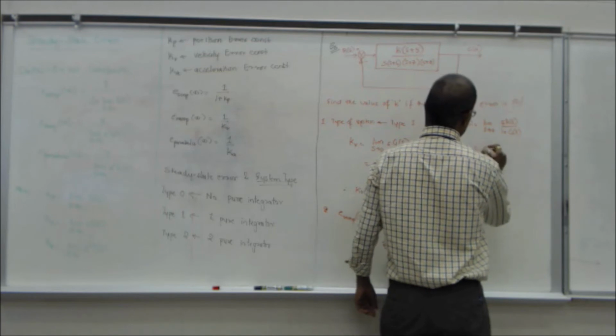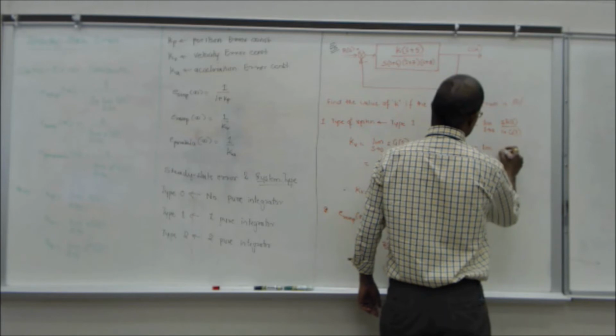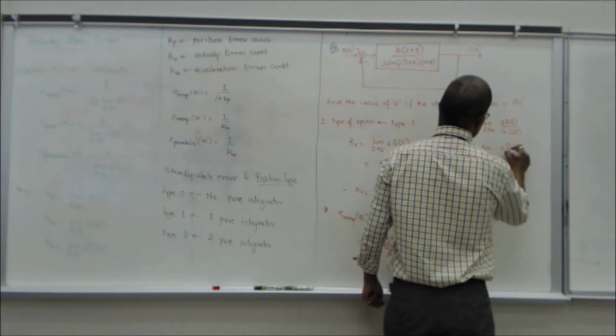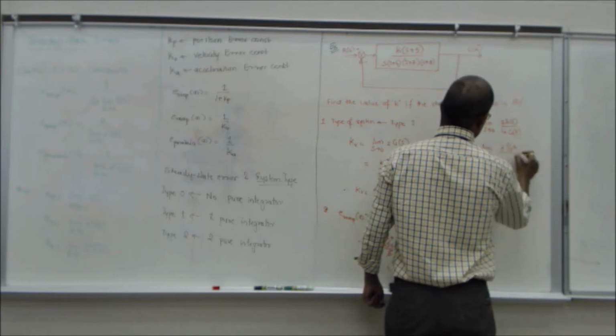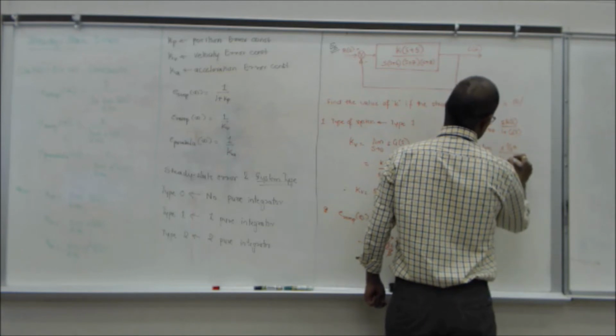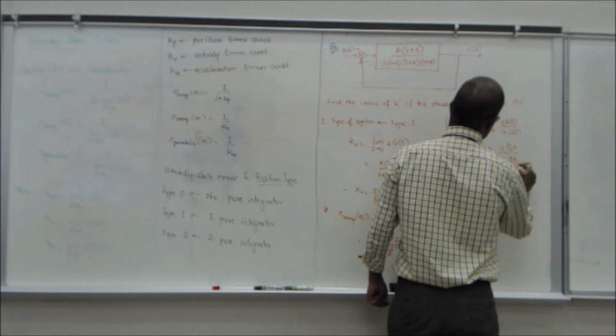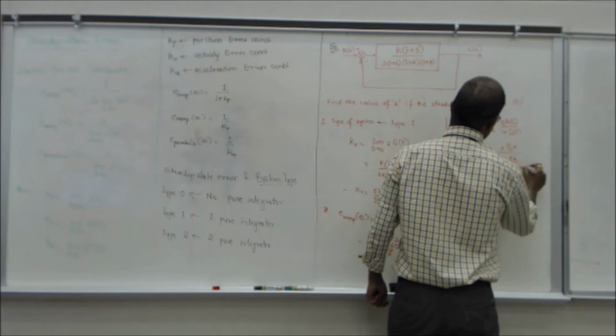Now let's see ramp input. So what is ramp input? You have s, 0, s into 1 over s square, right? Then you have 1 plus 5k over s into 6 into 7 into 8.